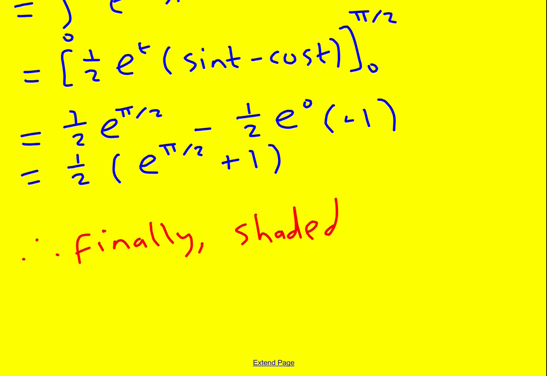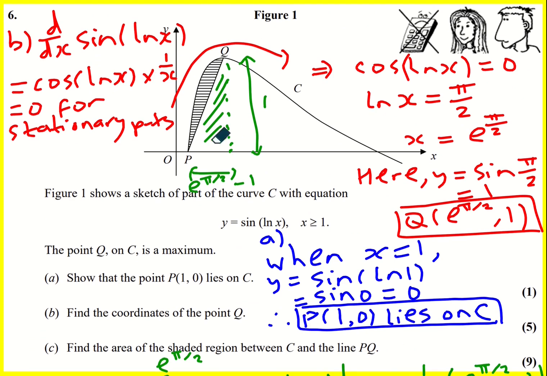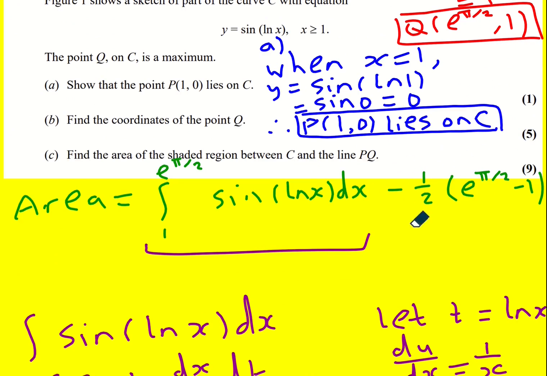Okay, it's very easy to forget what we're actually doing. We are trying to find the shaded area, and I haven't actually found it because I've found this whole area, so I now need to subtract that triangle, which is this bit here.